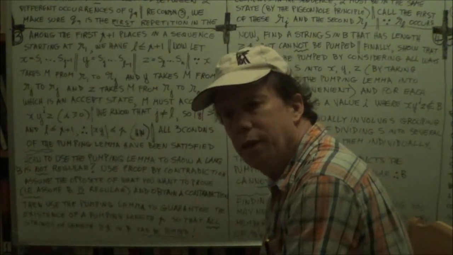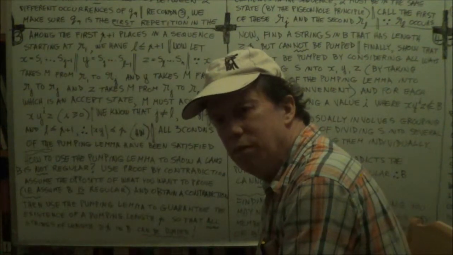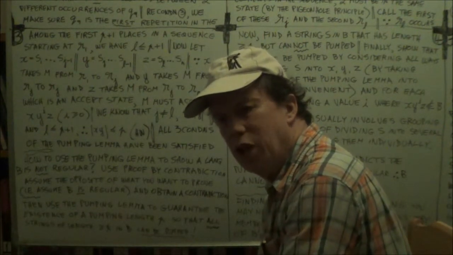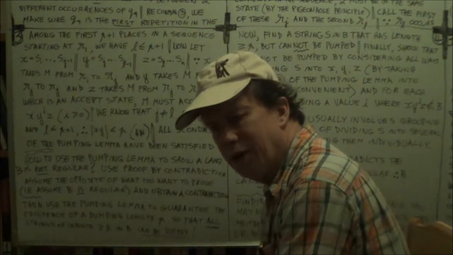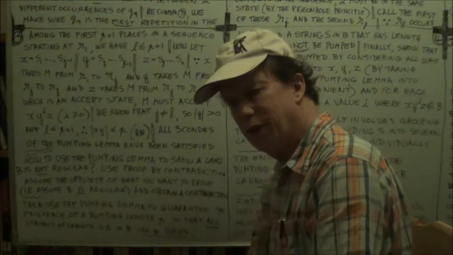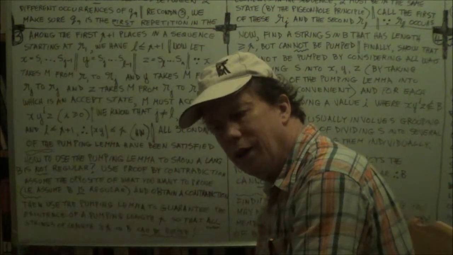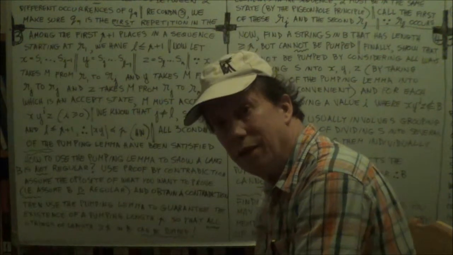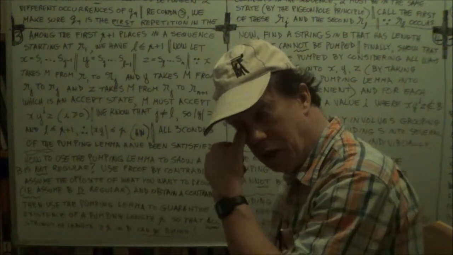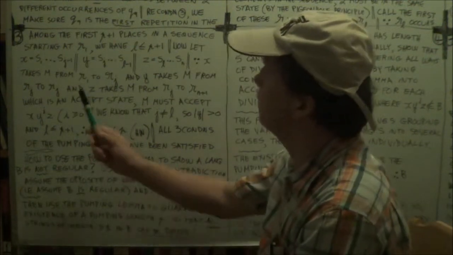So Rj and Rl. Rj is the position in the sequence of states where you have your first repeat state, and Rl is the position of your second repeat state. I assume that. Okay.